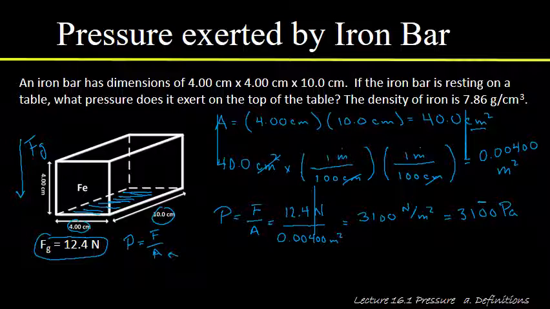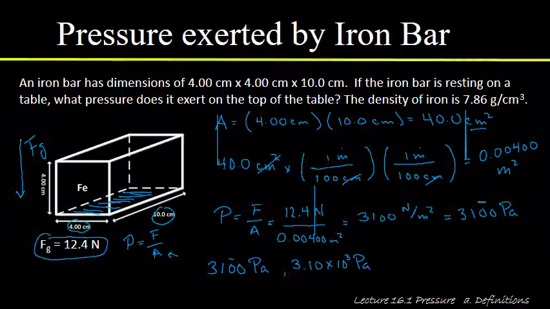So we should write our result with 3 significant figures. We can write it that way with a bar over it. So a couple of different ways we could do this. We could say 3,100 pascals. We could write that. Or we could use scientific notation, 3.10 times 10 to the 3 pascals.